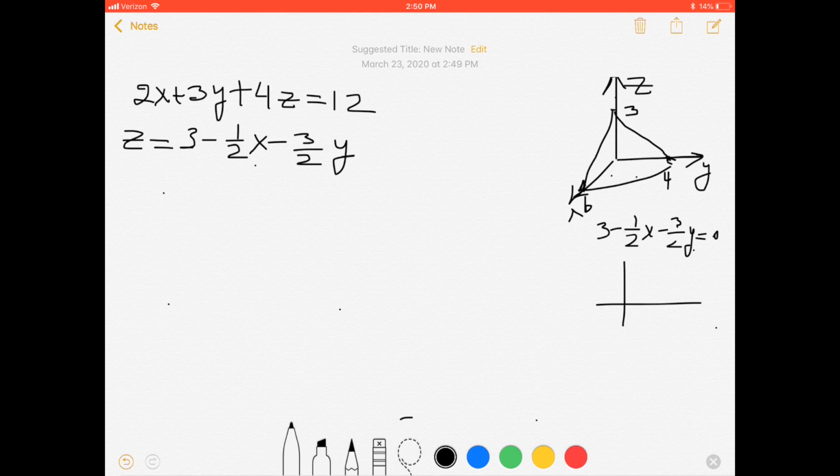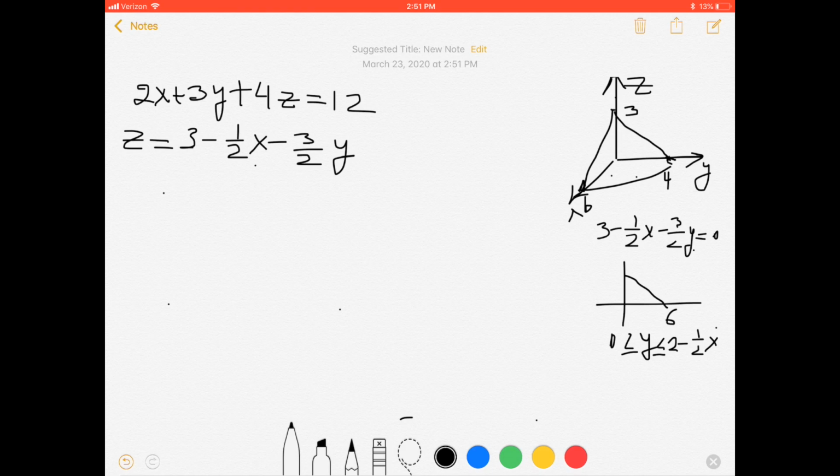It gives me a line. This means this kind of triangle, where x changes from 0 to 6, and y changes from 0 until 2 minus 1/2 of x.